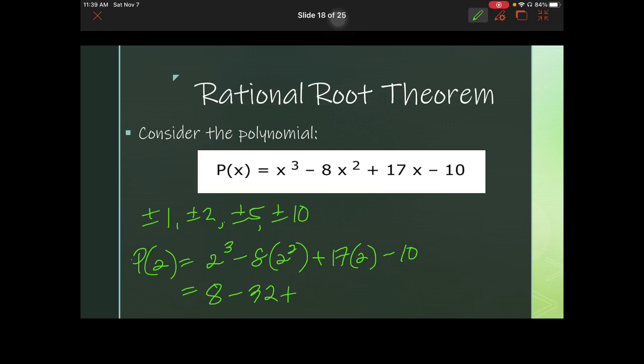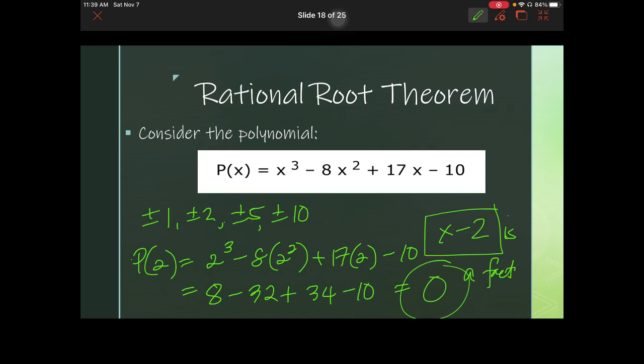That will give you 34 minus 10. So, 8 minus 32 plus 34 minus 10 is apparently a big fat 0. Anong ibig sabihin niyan? Naswerte kagad tayo. Kapag nag-0, ibig sabihin ang x minus 2, remember, inverted po, is a factor.